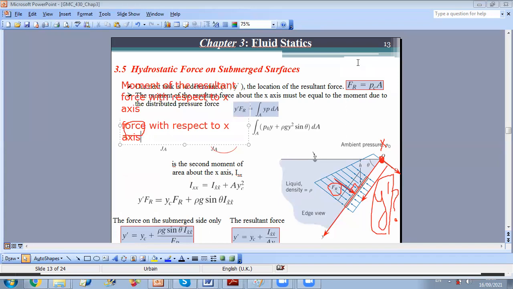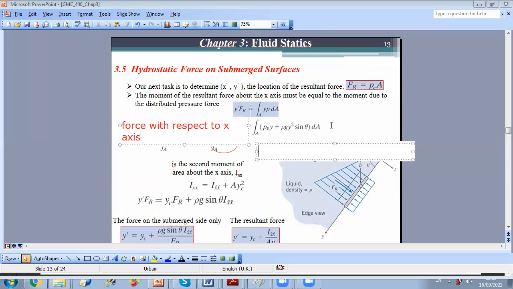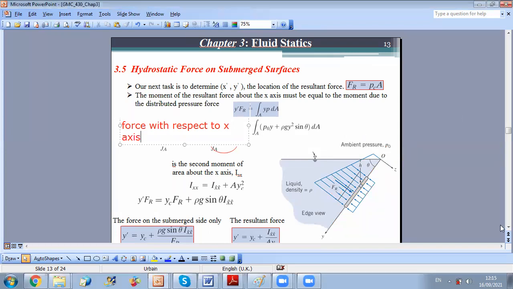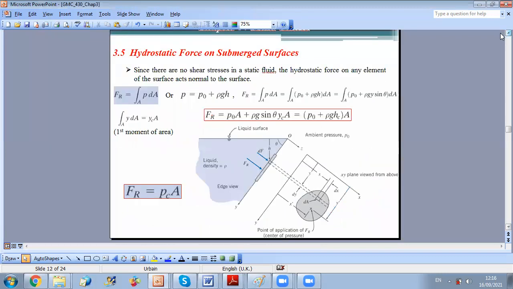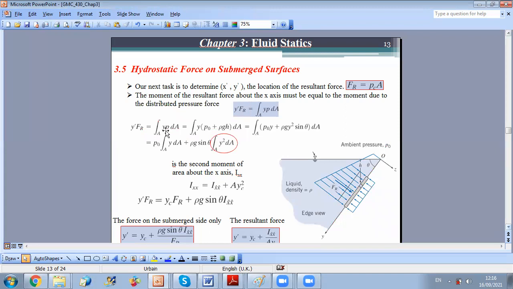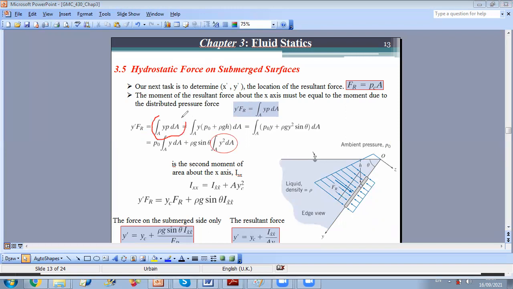Let's erase here. Now the second term should represent the moment of the distributed load about x. Okay? The moment of the distributed load about x.